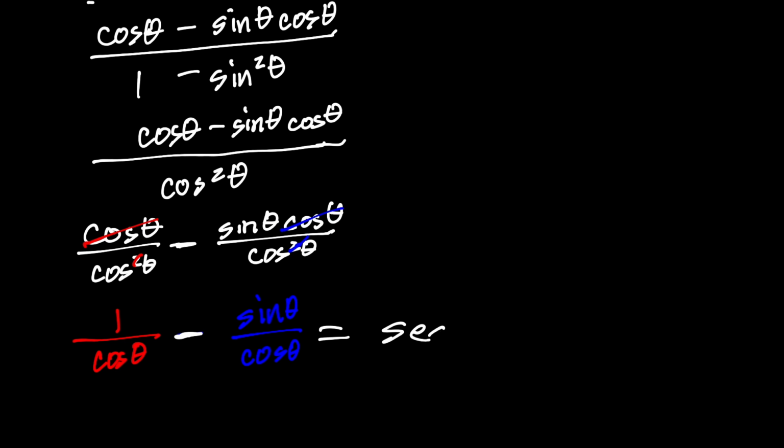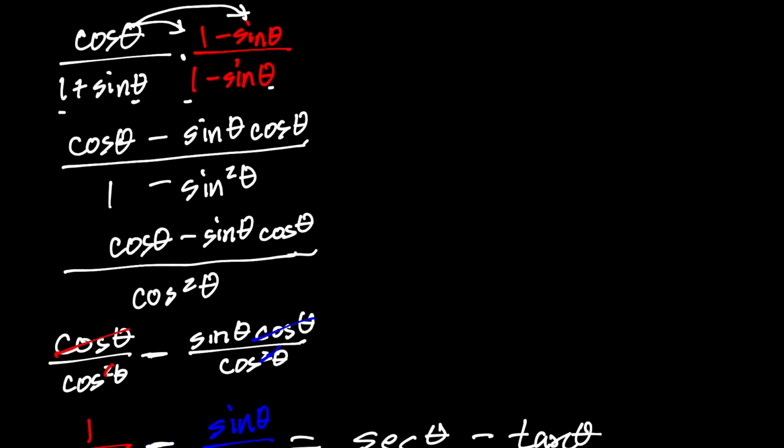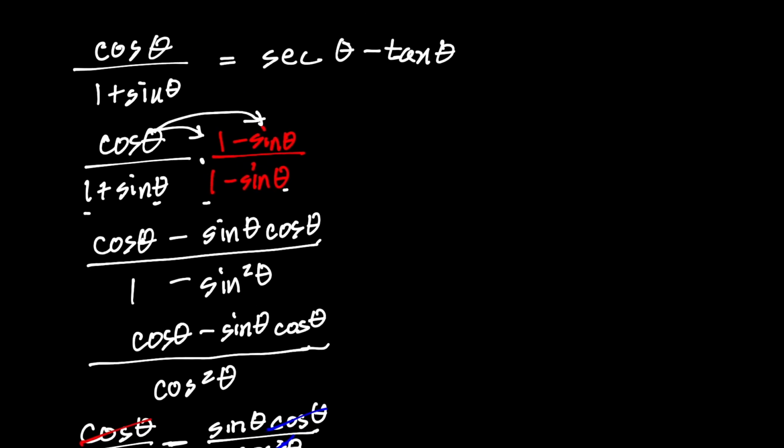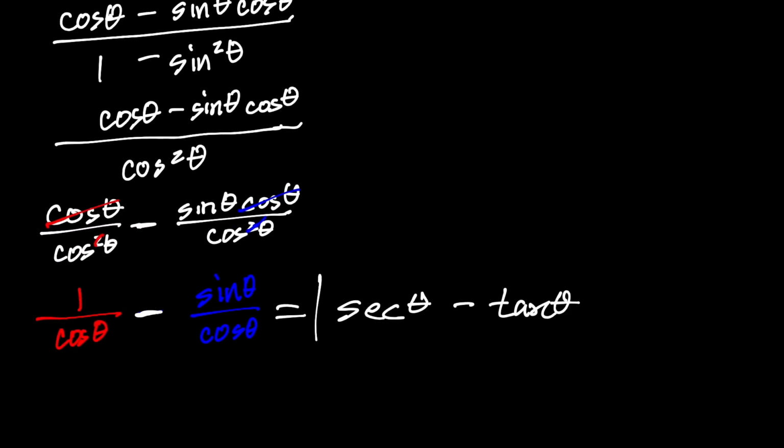So I'm going to write that here. Then minus sine theta divided by cosine theta is tangent theta. So looking back up here, it looks like we did make this. Yes, those are the same. So that's how you tackle these.